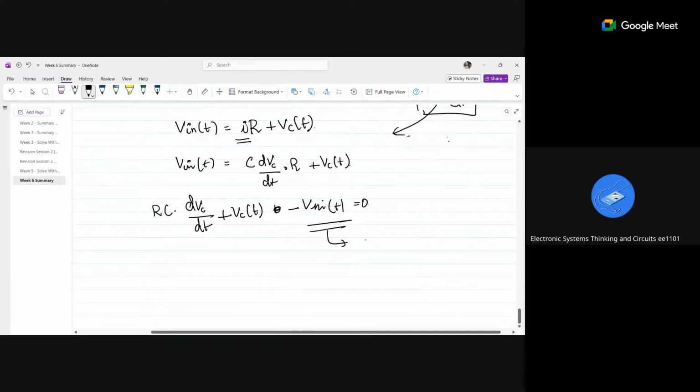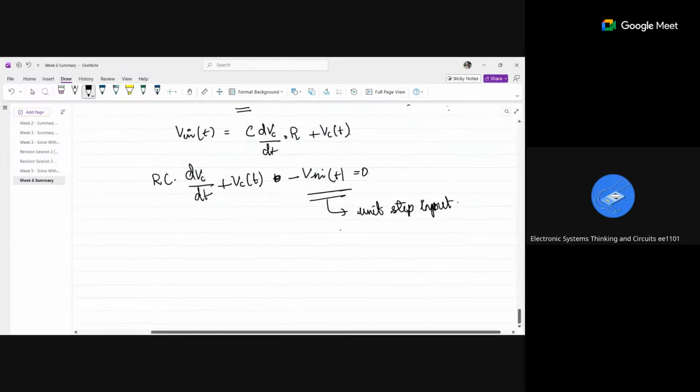Now this input I am assuming as a unit step input. What is unit step input? That is nothing but a signal which is like this, u of t. Have you heard of this term u of t? Unit step input.